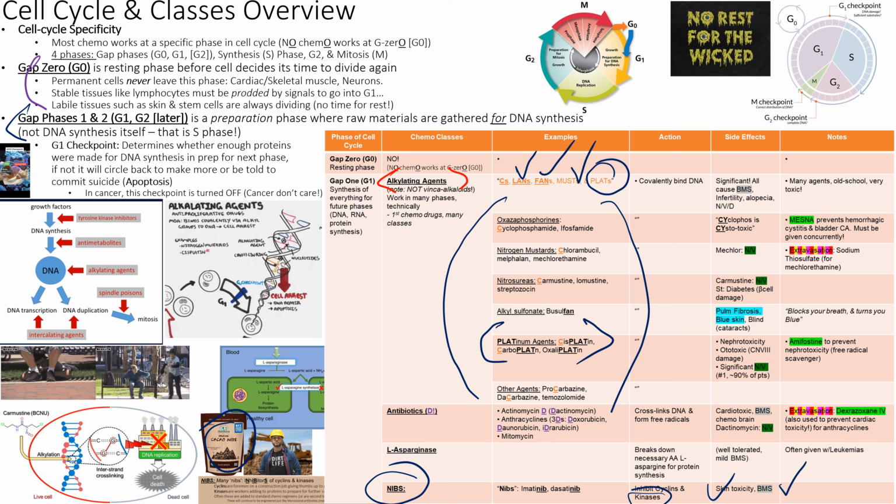Cisplatin, oxaliplatin, carboplatin. They're an example of alkylating agents, whereas the other ones kind of have C's in the name for the most part. Cyclophosphamides are pretty popular. Cyclophosphamide and ifosfamide have the same function. And you can think of the CY as cystic, as in cystitis, as in the bladder.